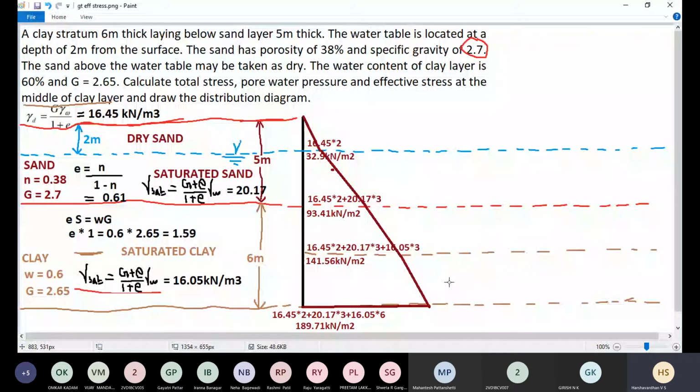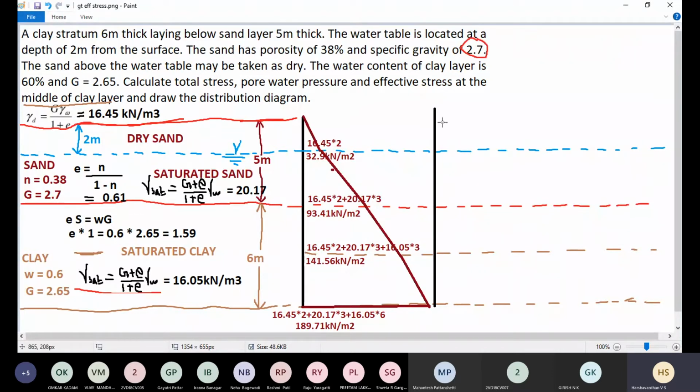So next I will go to the pore pressure distribution diagram. This is my reference for the pore pressure distribution diagram.